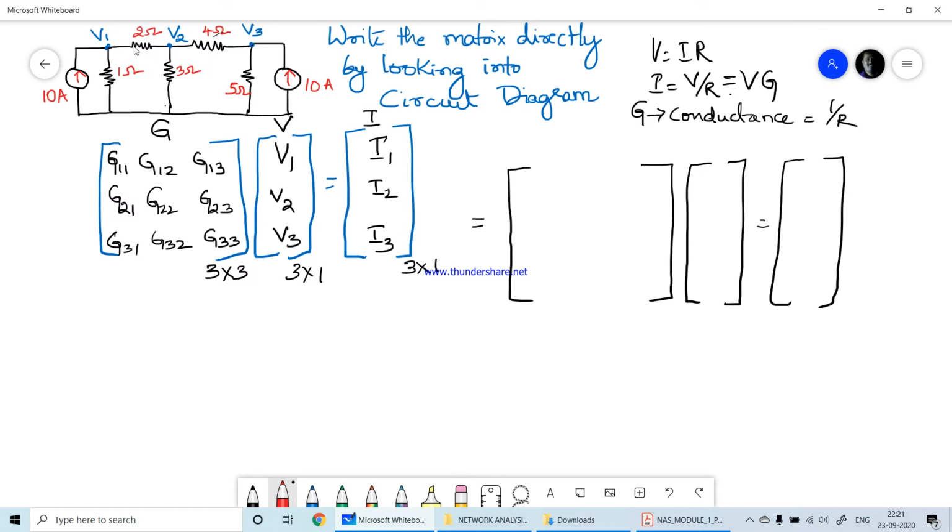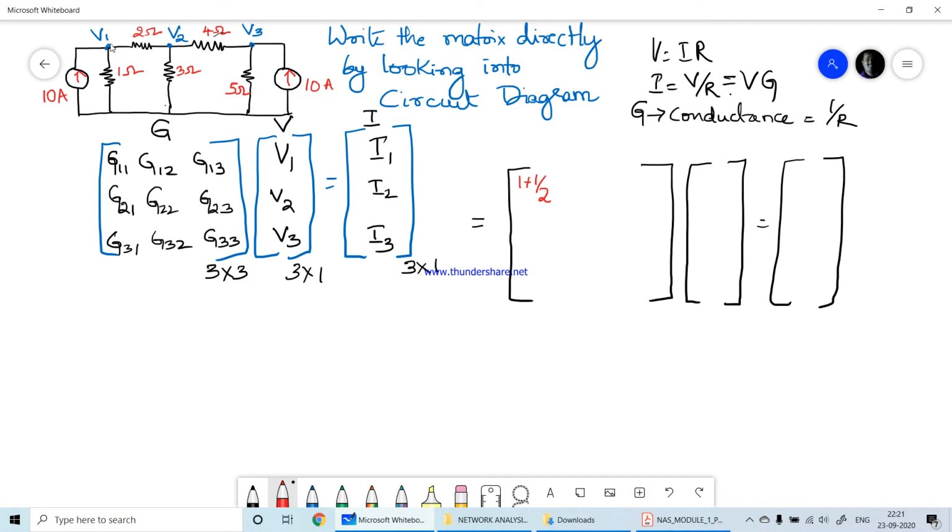So we should see the conductances which are connected to this node 1. We have 1 ohm and 2 ohms. Summation of the conductances: 1 by 1 is 1, plus 1 over 2, which is the conductance related to 2 ohms. These are the only two resistances connected to node 1. Therefore 1 plus 1 over 2.